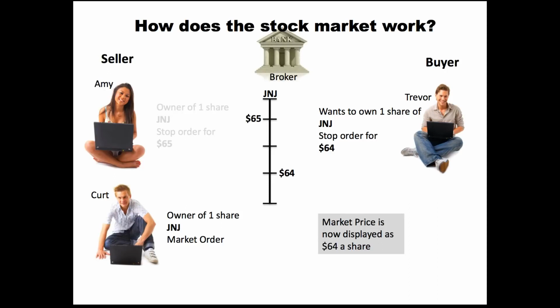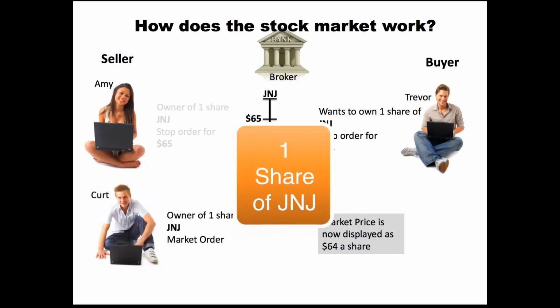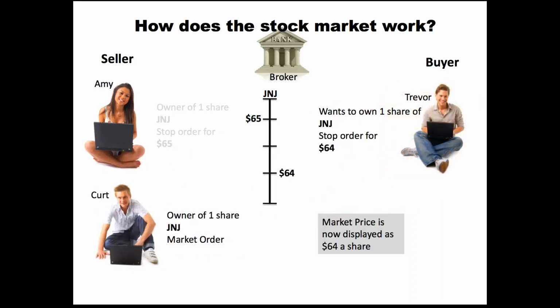And what that means is Kurt's basically saying, hey, any buyer out there that's willing to buy my one share of Johnson & Johnson, whatever you're willing to buy it for, I'll sell it to you. That's what that means when he puts in a market order. Okay? And since Kurt does that, the trade is executed between Kurt and Trevor for $64. And now, meanwhile, Amy's still sitting there at $65 wanting to sell her share for $65.